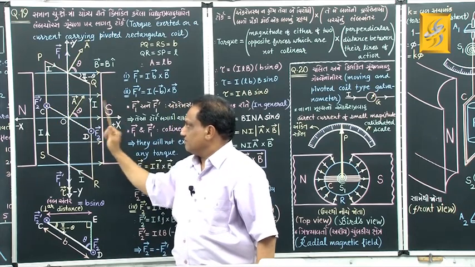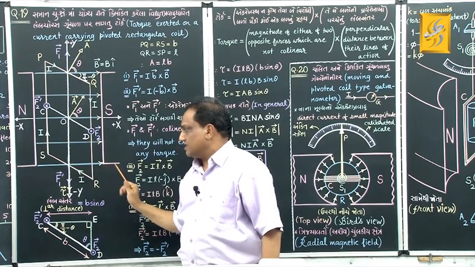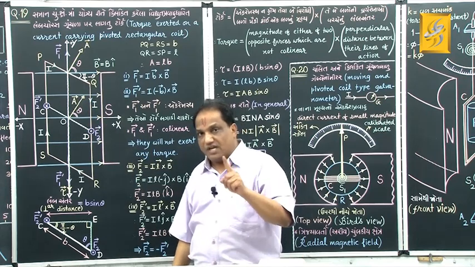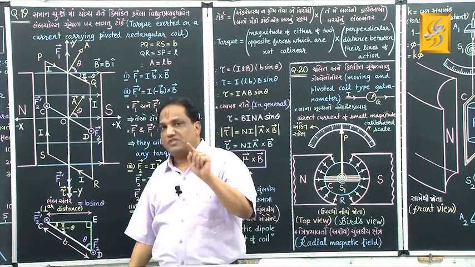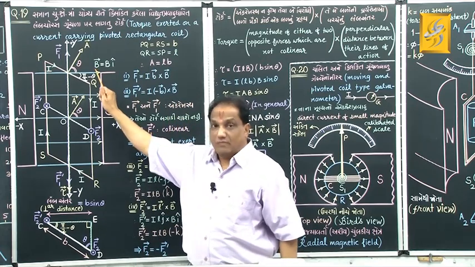That magnetic field in the figure I have shown by these blue colored parallel magnetic field lines, which are equidistant also, which indicates uniform magnetic field. Let it be vector capital B.